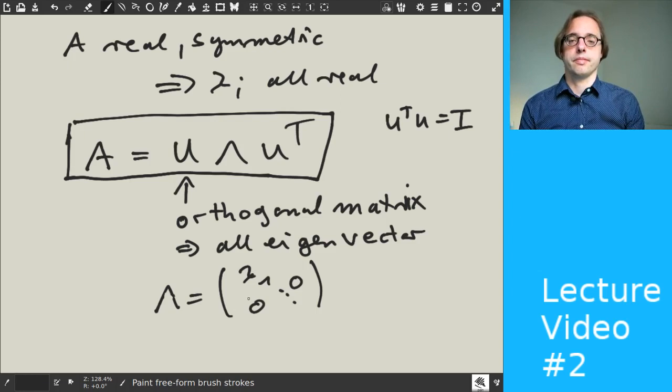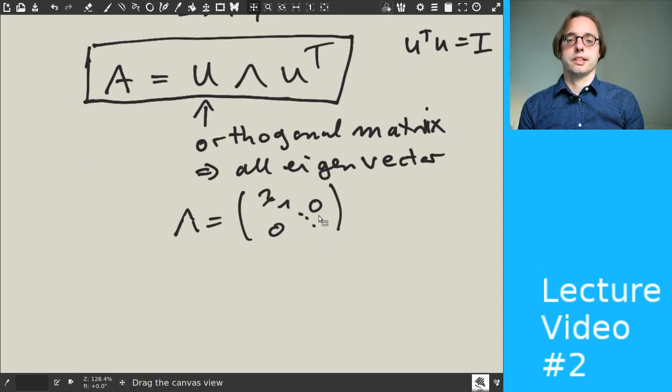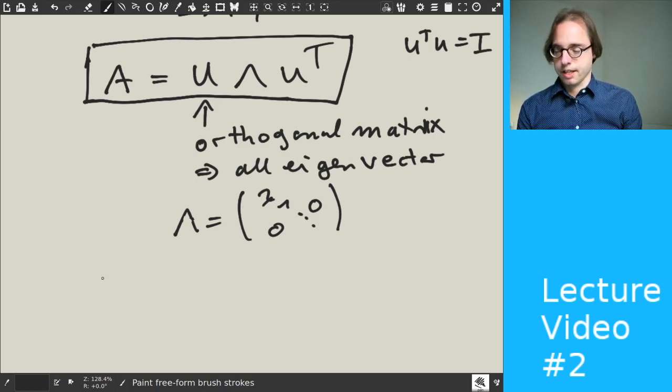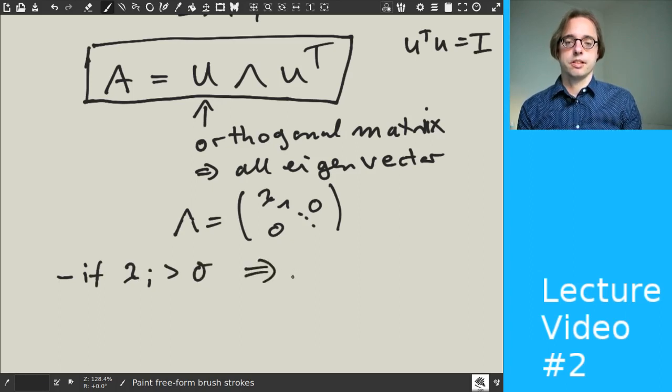We can decompose this matrix into the product of three matrices, two of them orthogonal and one diagonal. Once we have the eigenvalues, we can say a lot of things about the matrix A. For instance, if all the lambdas are positive, then we call A positive definite.